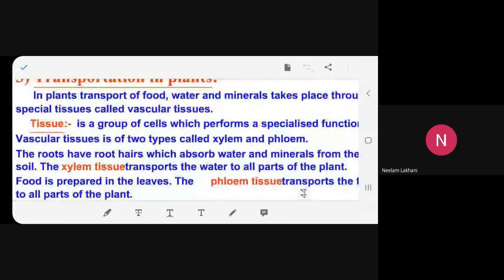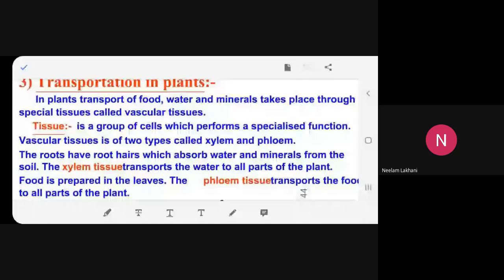Tissue is a group of cells which performs a specialized function. Vascular tissues are of two types called xylem and phloem. The roots have root hair which absorb water and minerals from the soil.